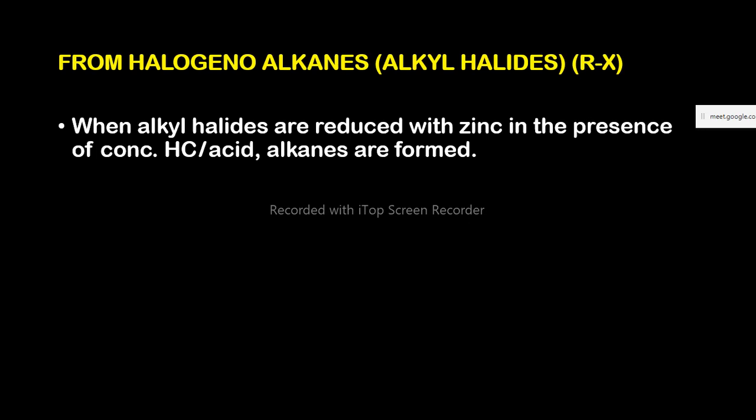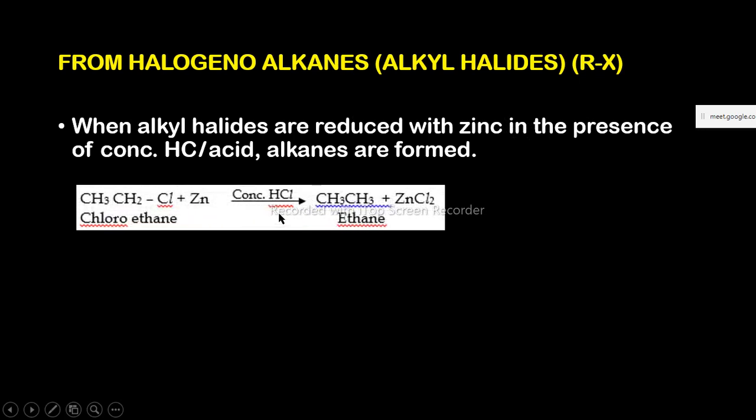So we can take away the halogen atom using zinc, however it occurs in the presence of conc HCl. Then we shall form an alkane.